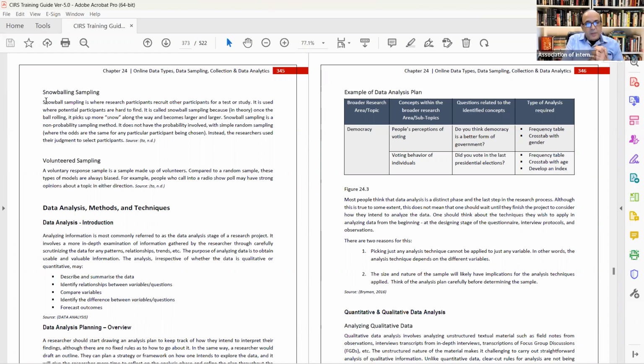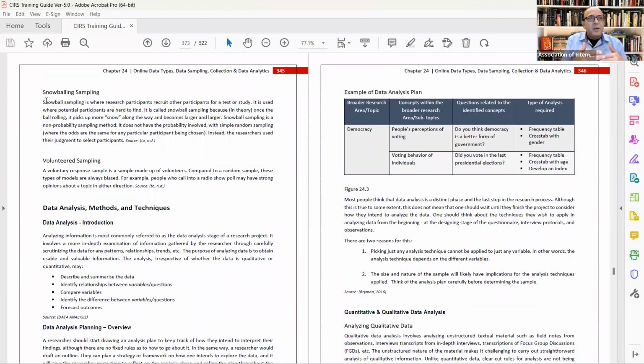Now, volunteer sampling is where you have offered something in return for people to volunteer on their own. So there is an incentive for someone to participate in that group or that sample. But the negative side of it is that some people are habitual participants in drug trials because they get paid.